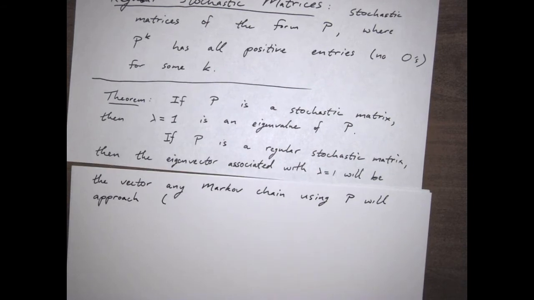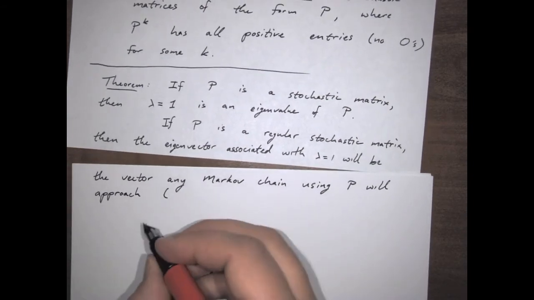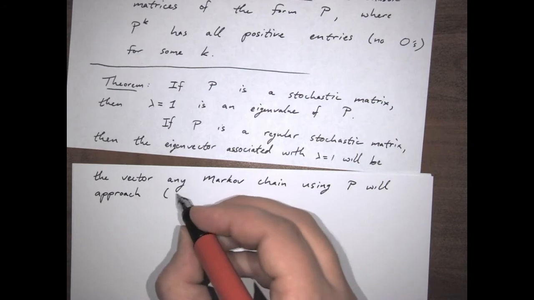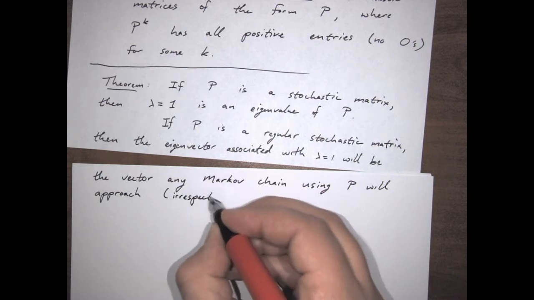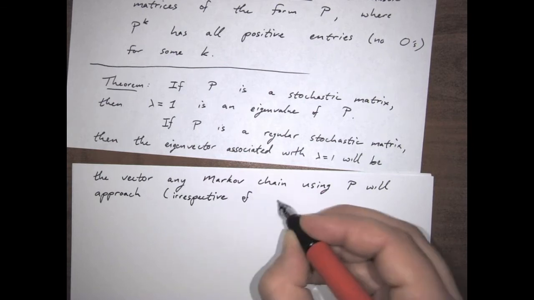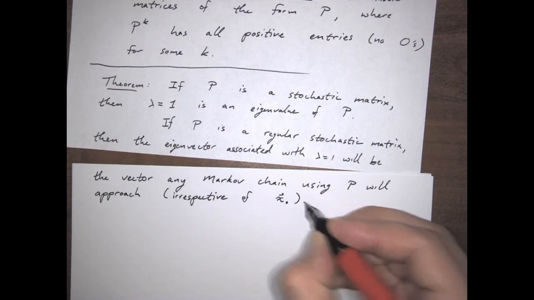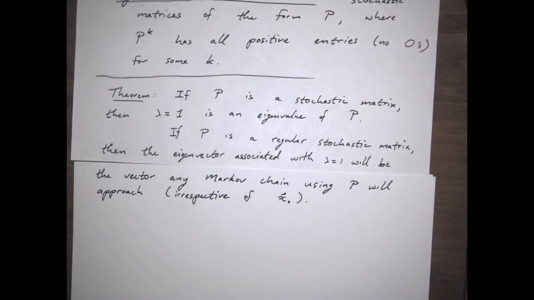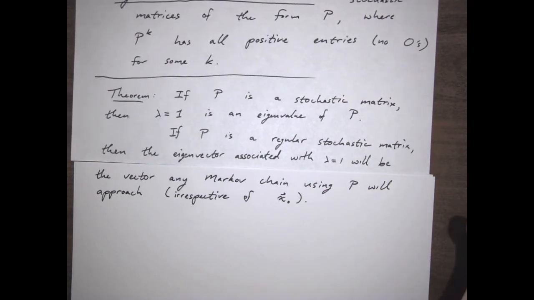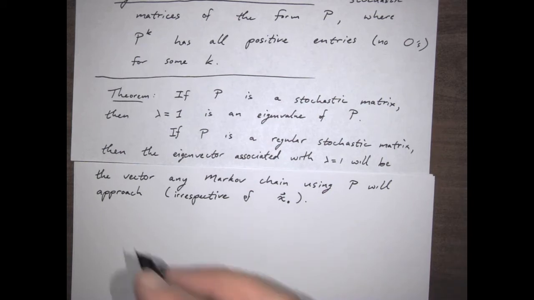And that, importantly, is completely irrespective of what the initial vector was, the initial state. So no matter how things were initially distributed, if you have a regular stochastic matrix, then over time there will be a limit that they will all approach, and it will be the same, totally regardless of the starting value.